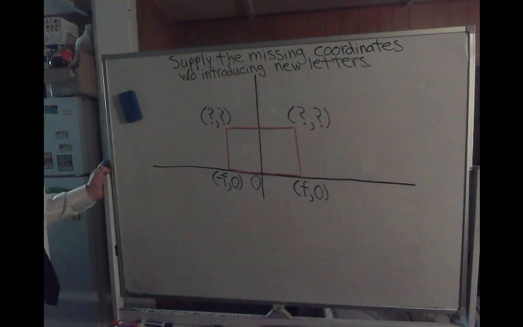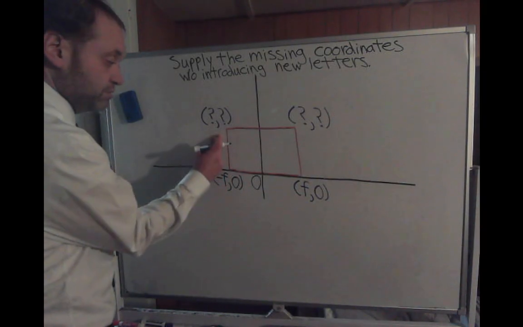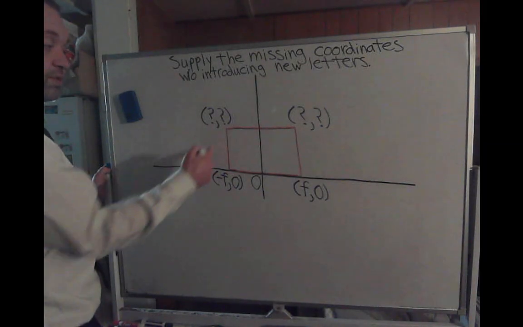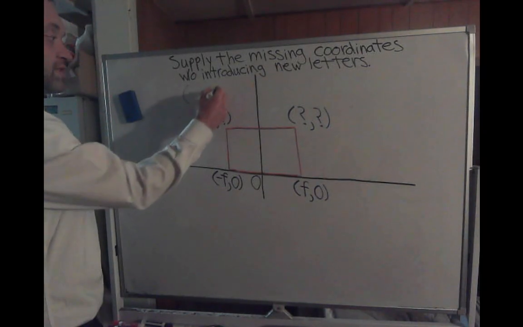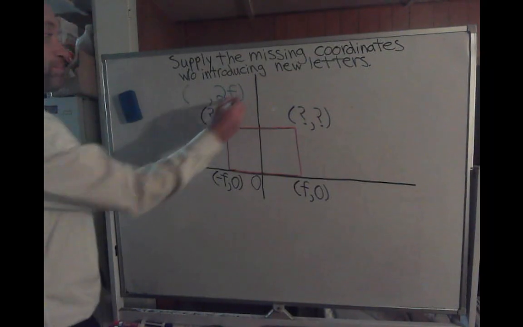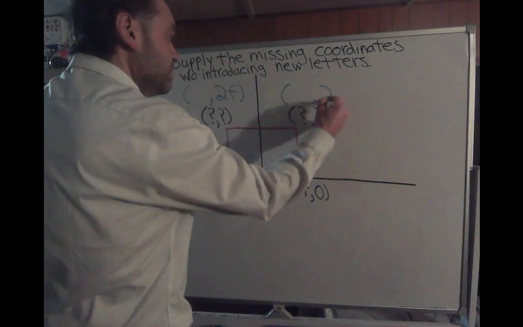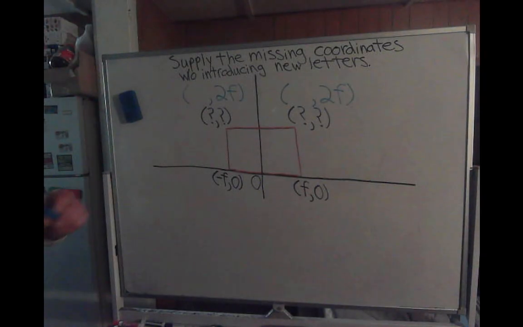So if each side has a length of 2f, what does that mean? It means that your left and right sides will also have a length of 2f, which means that the y coordinates for each of these will be 2f, because it's gone upwards 2f units.